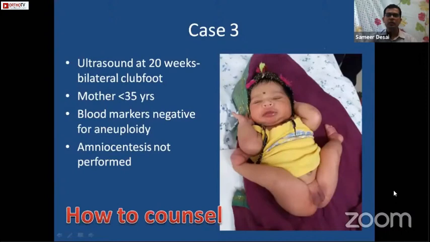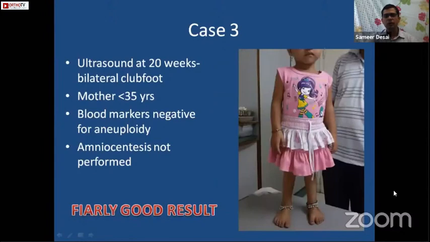Now let us look at the third case scenario. Ultrasound was done at 20 weeks and showed bilateral clubfoot, but did not mention anything about limb movements. Blood markers were negative, but amniocentesis was not performed. And the child had all these deformities. So then what should we do? How should we counsel?